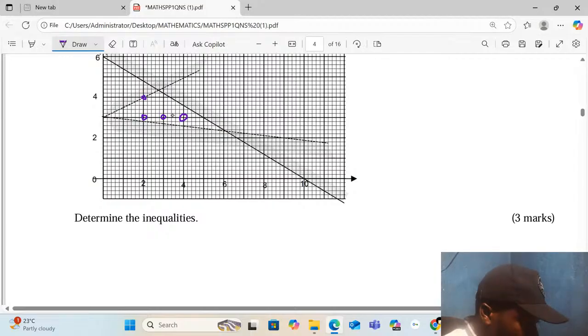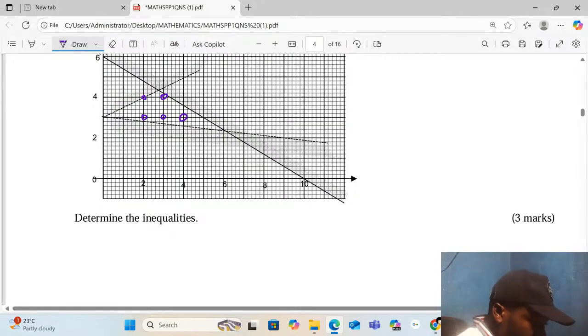Anyone that you are interested in, as long as it's in the required region. We have so many points, but take the one that won't disturb you.